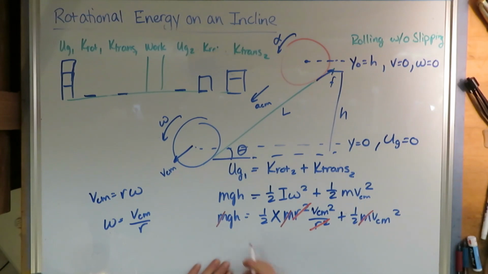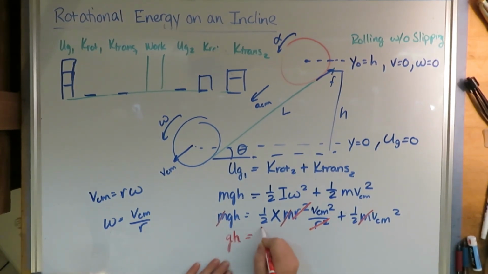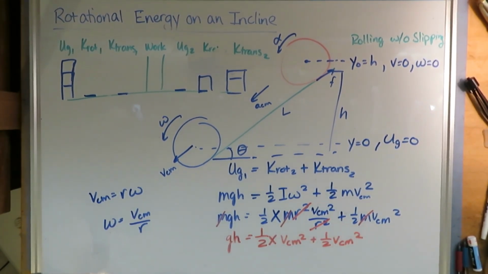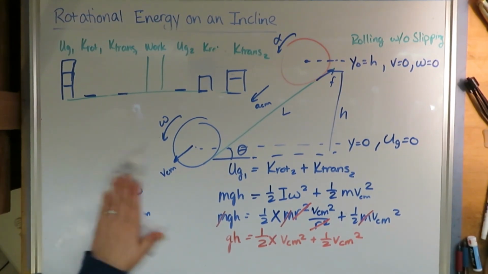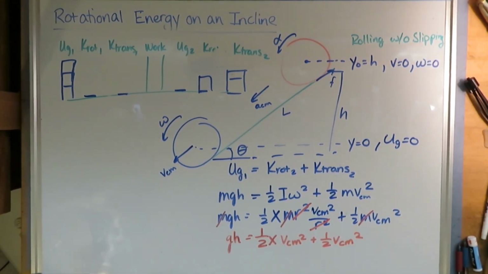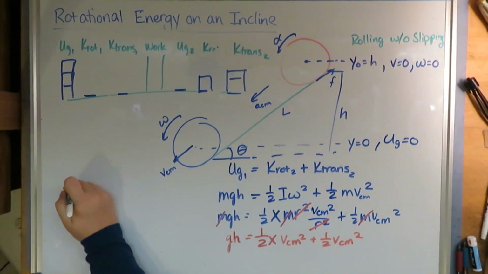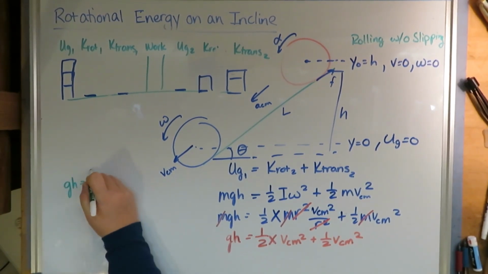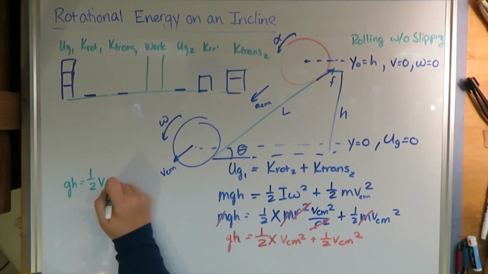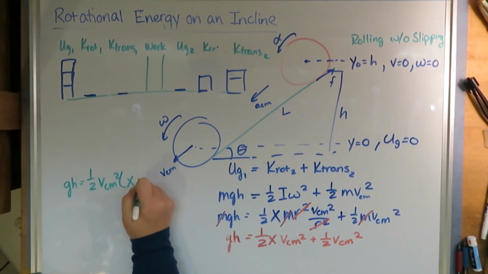So then if you look at this, you're going to get g times h is going to be 1/2 x VCM squared plus 1/2 of VCM squared. So I can come over here and I can group like terms, and I can get gh is equal to 1/2 VCM squared times x plus 1.